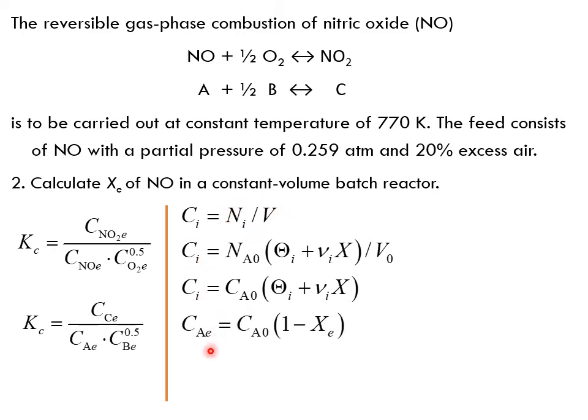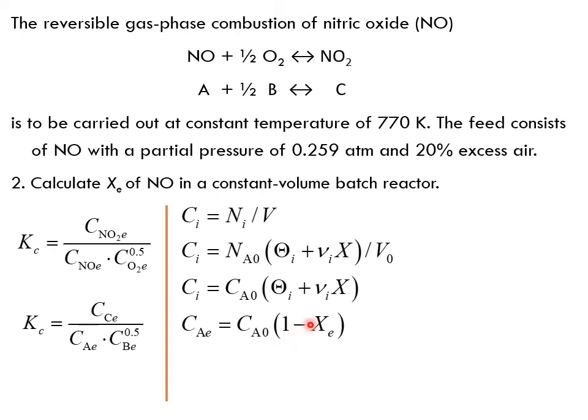Okay, so we want the concentrations at equilibrium, and we need the concentrations of A, B, and C. As you can see, we can write this equation for A. So here we go, Ca at equilibrium equals Ca naught. What is theta A? Obviously theta A is always 1 because it is Na naught divided by Na naught.